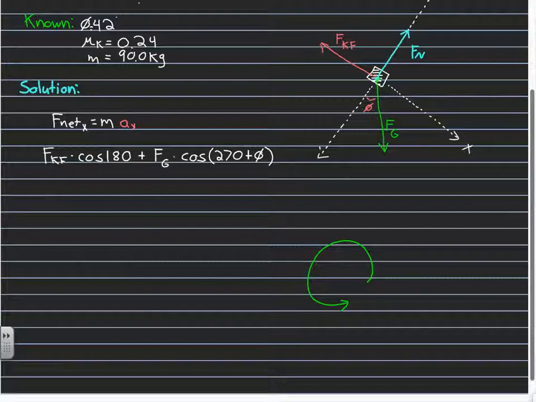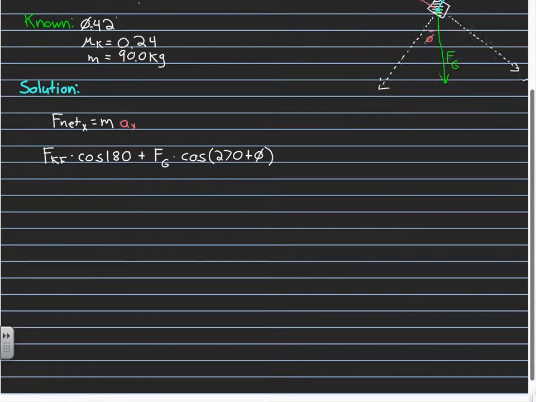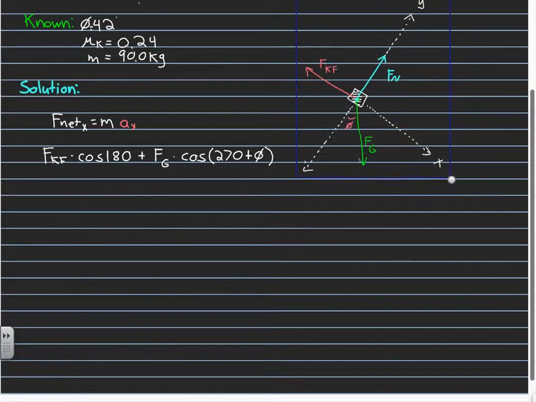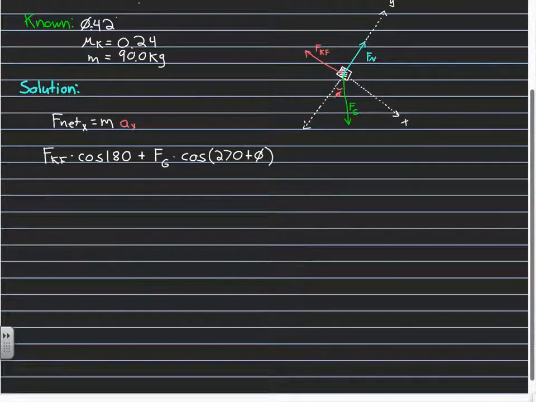All right, and all of that is going to simply equal m times a sub x. So it seems like we could solve for a_x, but we don't know the force of kinetic friction. We don't know the force of gravity. We need to unpack them a little bit more. So let's unpack it.